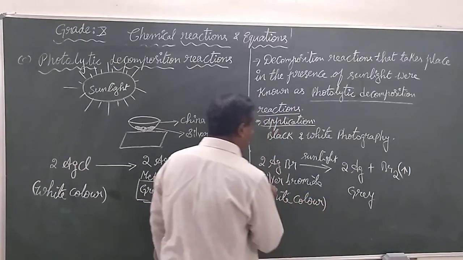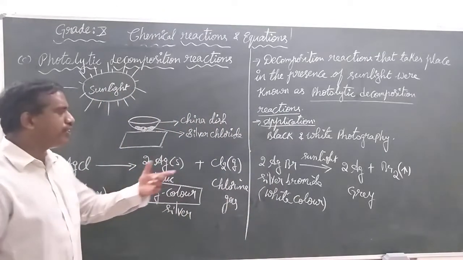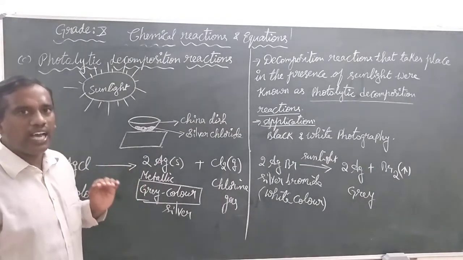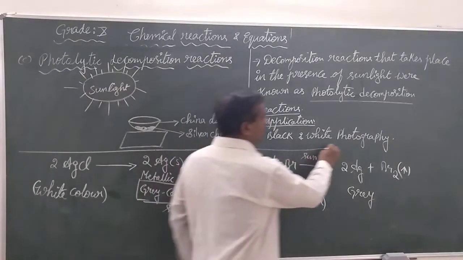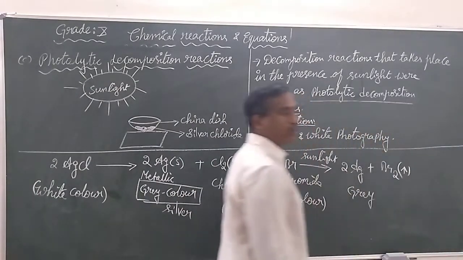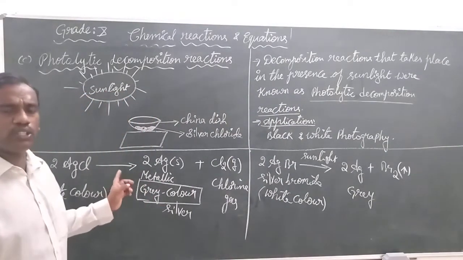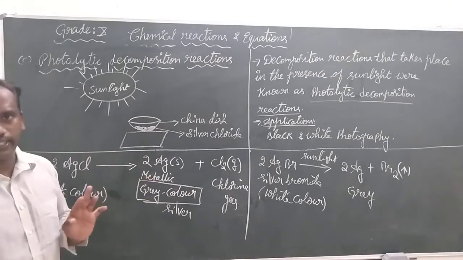So what is the common thing here? Silver is the common. Here we got chlorine, there we got silver. Sorry, bromine. The only difference is with the halogen. So the decomposition reactions that are taking place in the presence of sunlight, we call them the photoelectric decomposition reactions. Decomposition of silver chloride and silver bromide are the 2 examples.